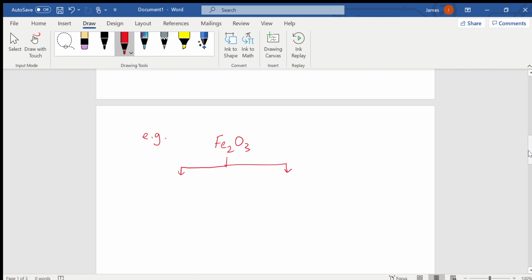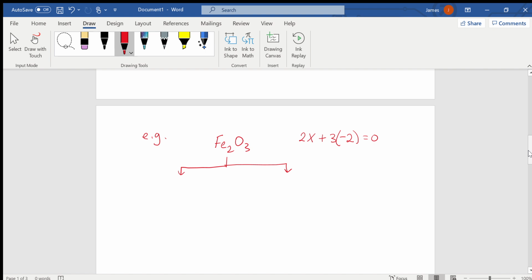We have a variable charge cation. Now, how do I know the charge? Well, I know that the whole thing must sum to 0. So whatever the charge on iron is, let's call it X, I know there's 2 of them, so there's 2X. And I know there's 3 oxygen, and oxygen likes a -2 charge. And they must sum to 0 because it's an ionic compound.